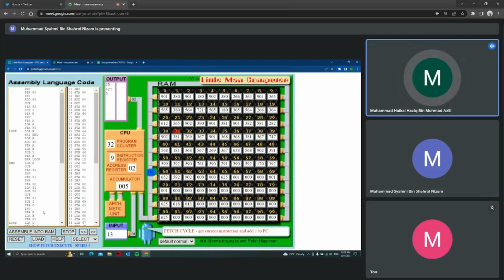As you can see here, the answer for our sub will be 5. So we continue to the next.